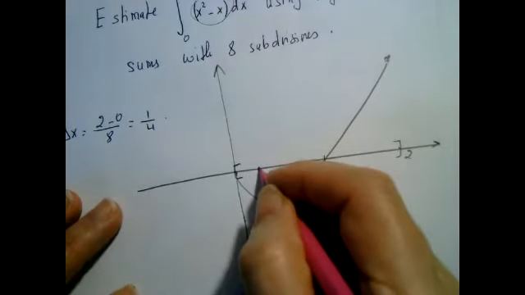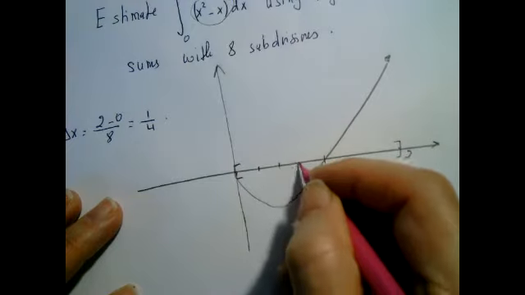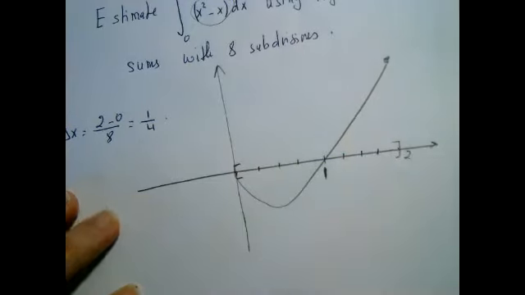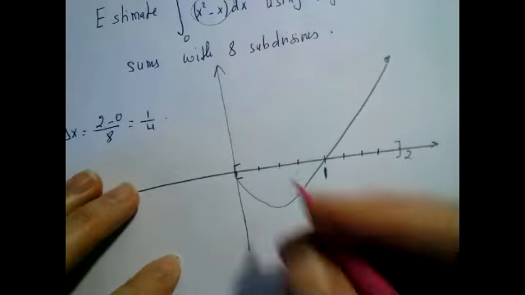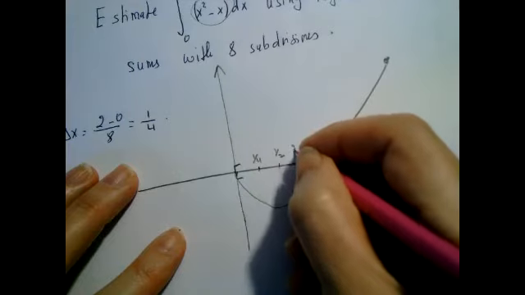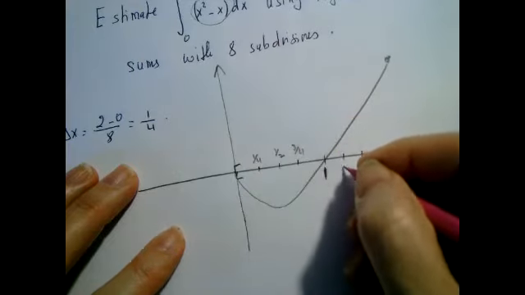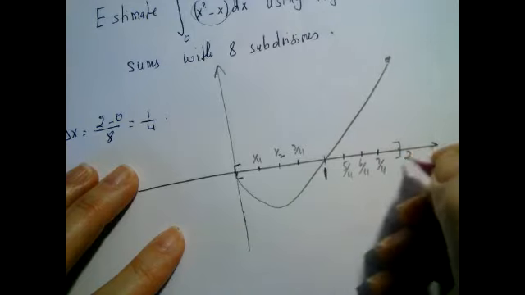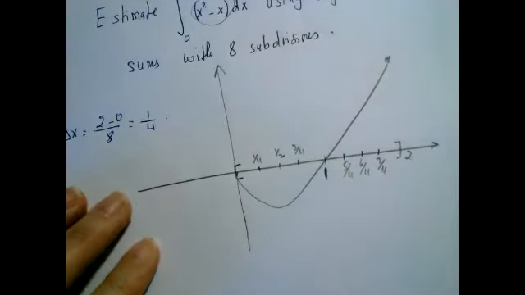These are my subdivisions: 1/4, a half, 3/4, 1, 5/4, 6/4, 7/4.